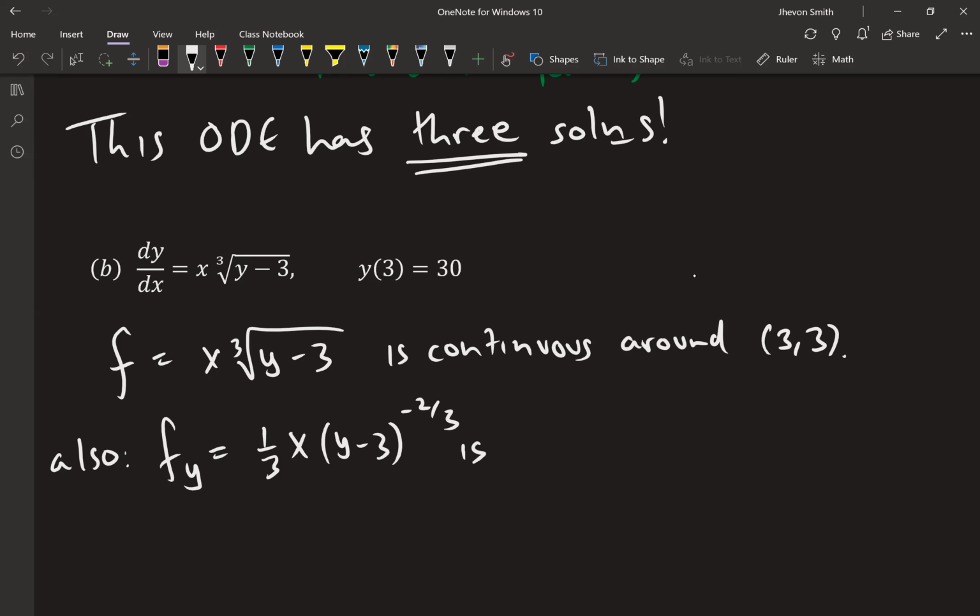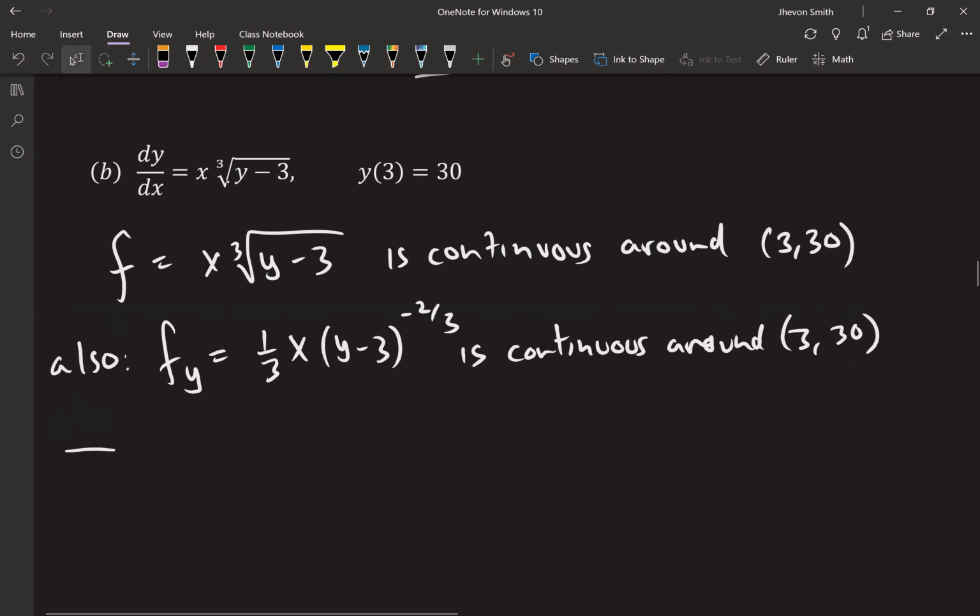And this is also continuous around (3, 30). It's not 3 comma 3, sorry, it's 3 comma 30. 3 comma 3 would be bad. Because now if I plug in 30 for y, I'm not dividing by 0. This guy is actually going to make sense. It's going to be continuous. Same thing if I plug in 3 for x, no problems there. So you know what this means? This means we're guaranteed to find a unique solution.